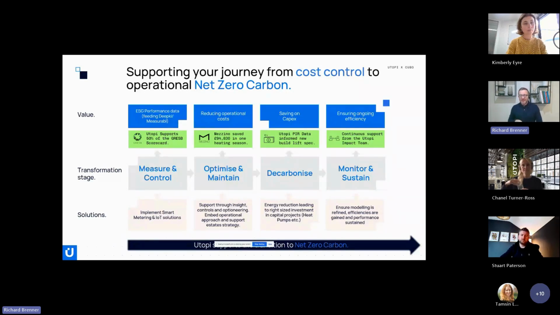The second stage is optimizing that. There could be some control that's put in, or it could be just as simple as engaging with students in terms of adjusting behaviors. But once you've got the data, you're easily informed to maintain those improvements.